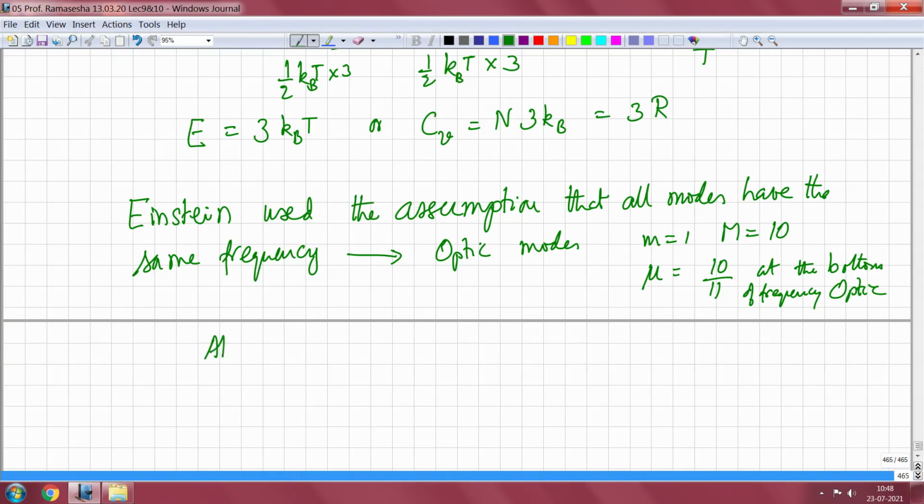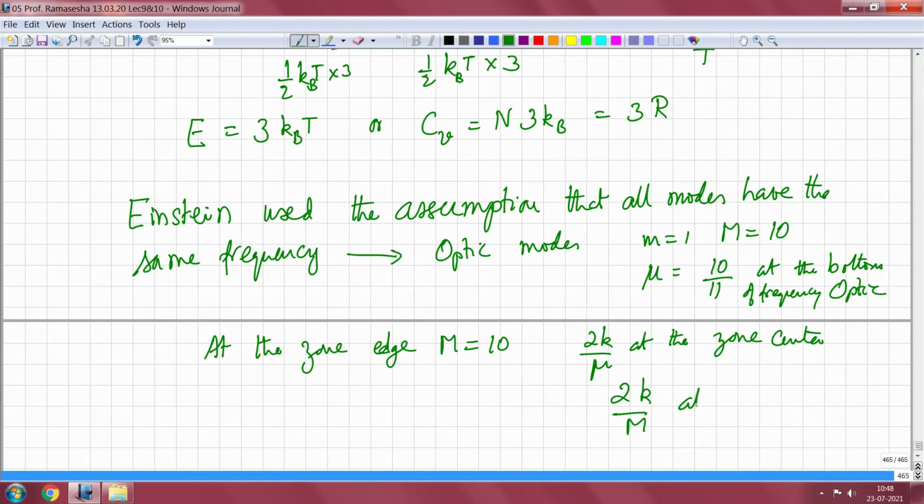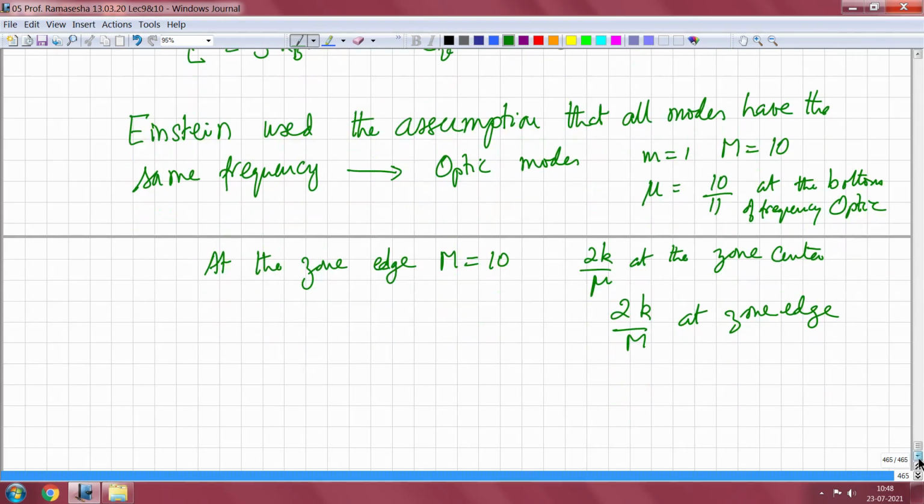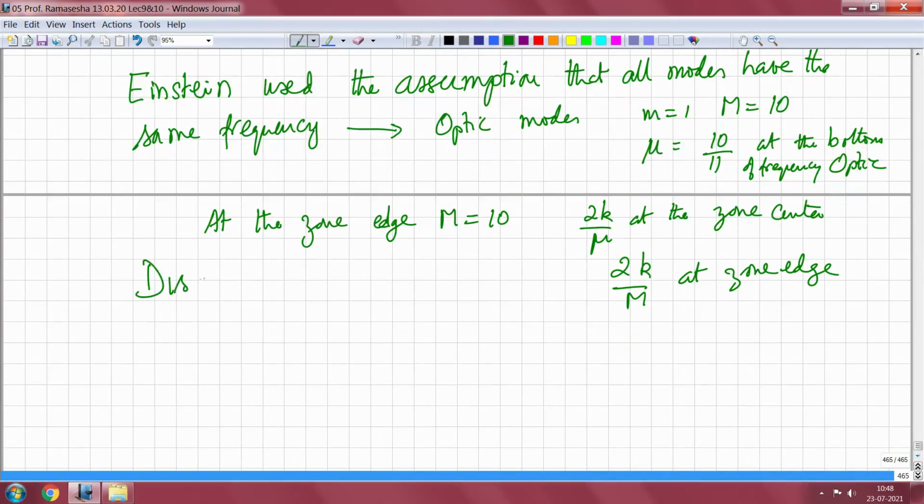At the zone edge, with M equal to 10, the frequencies actually go as root of 2k by mu at the zone center, and root of 2k by m at the zone edge, and you see that the dispersion of the optic band is only about 10%.